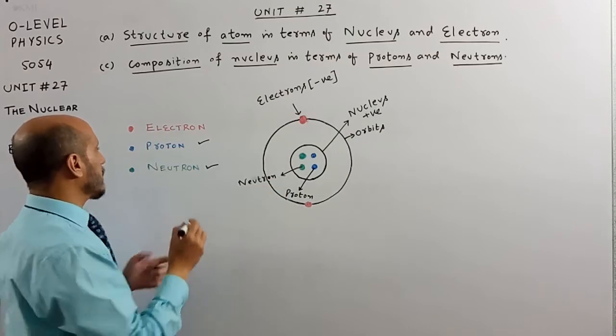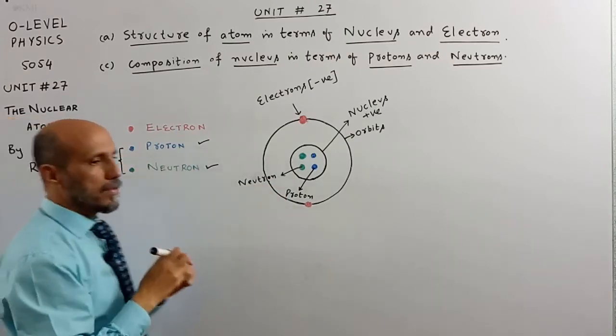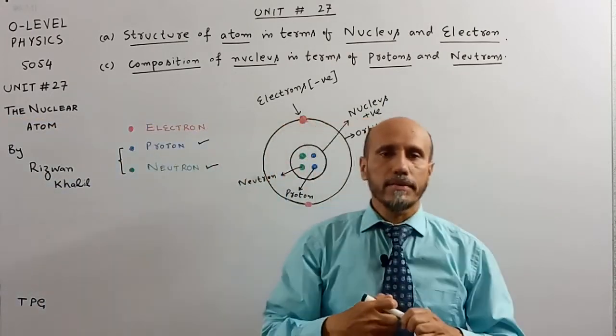So the nucleus consists of two particles called protons and neutrons.